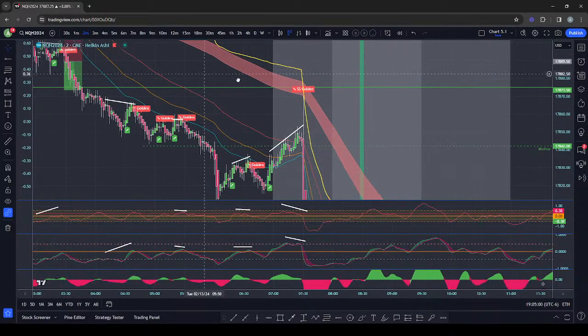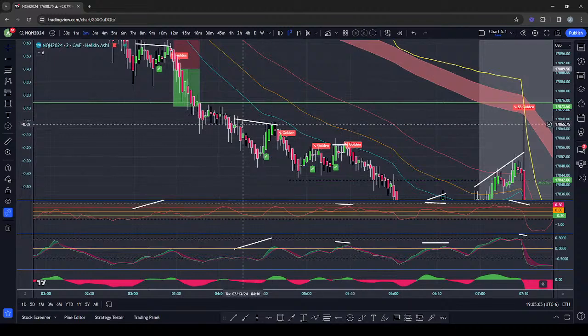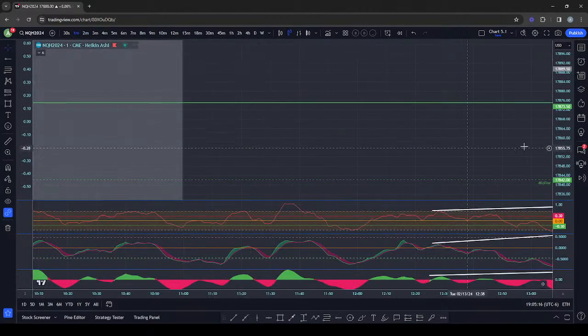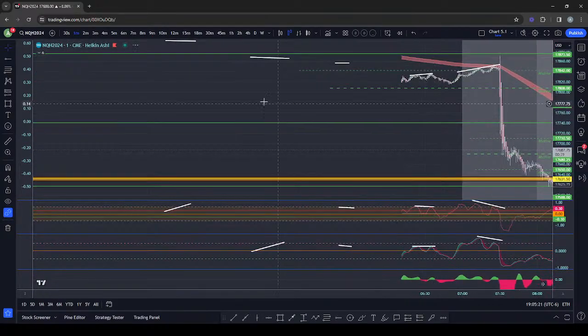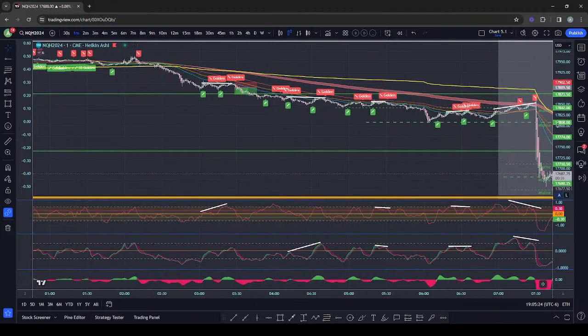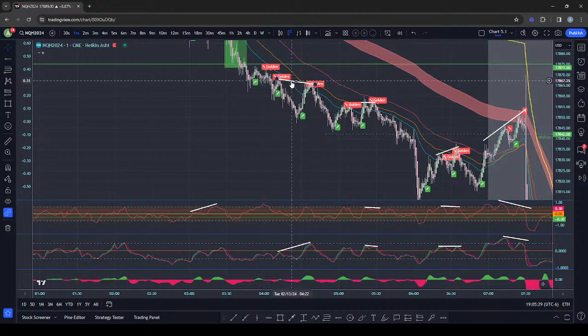So here is another divergence I want to show you guys right here. It's another hidden divergence. Whenever you're going with the trend, it's best to find the hidden divergences. So in this case, let me just go back to the 1 minute time frame. Here we go. So I got these marked for that time frame. Right here you can clearly see that price is making a lower high, and if I look at my oscillator, look what's happening around these areas.